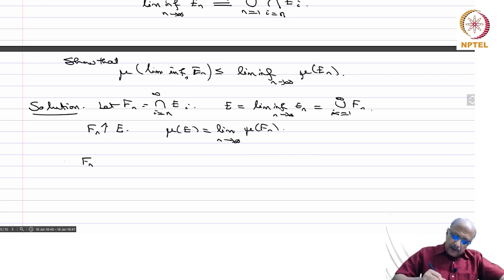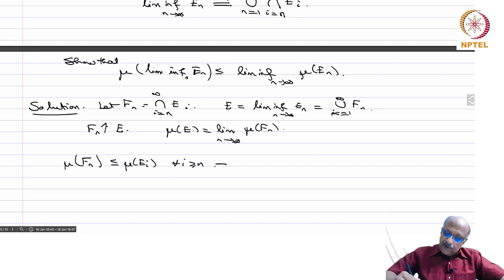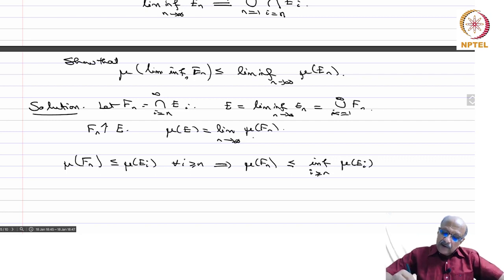But Fn, by monotonicity, mu of Fn is less than or equal to mu of Ei for all i bigger than or equal to n, and therefore mu of Fn is less than or equal to inf i bigger than or equal to n mu of Ei. Now, what is limit of mu of Fn? Fn is an increasing sequence, and therefore mu of Fn is also increasing, and therefore this is by definition supremum over all n mu of Fn.